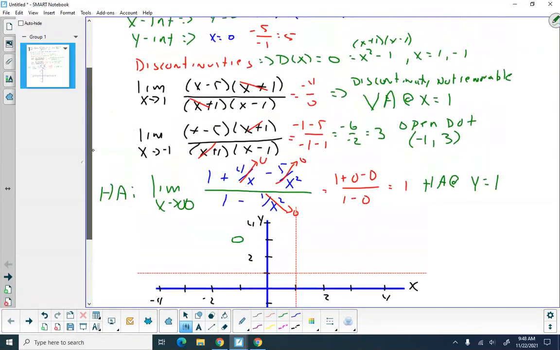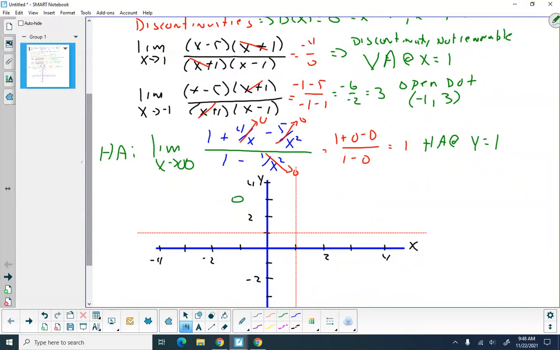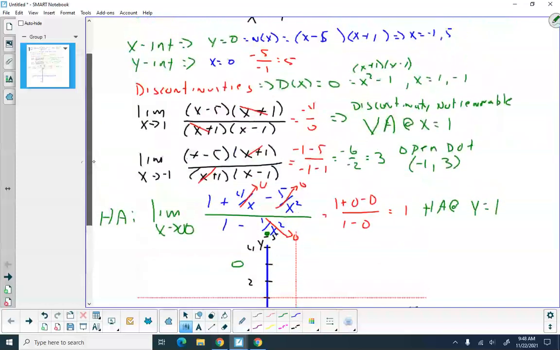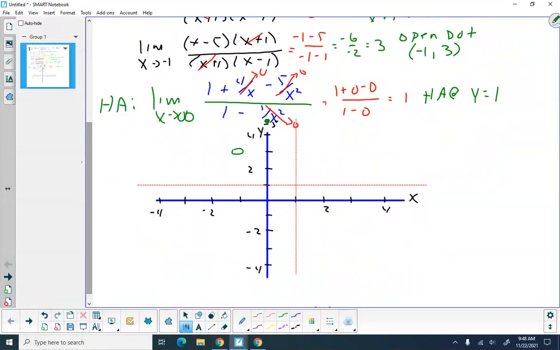We have a y-intercept at 5. We have x-intercepts at -1 and 5.